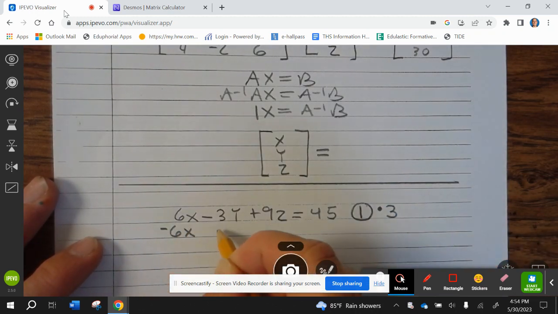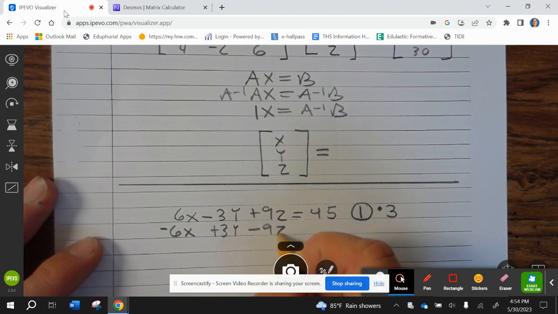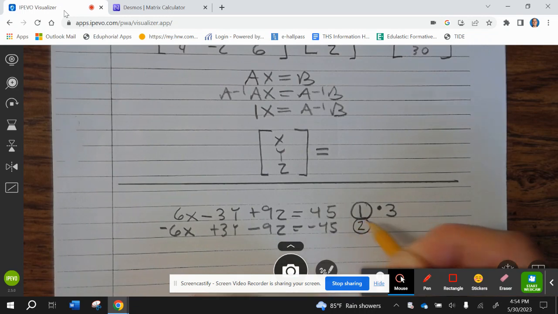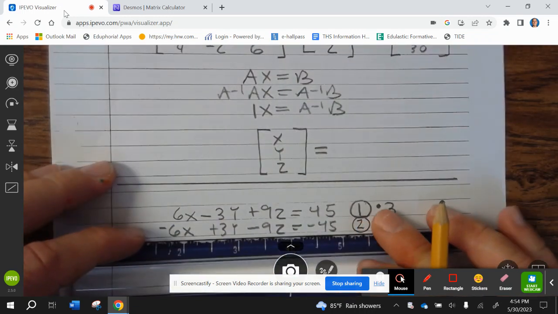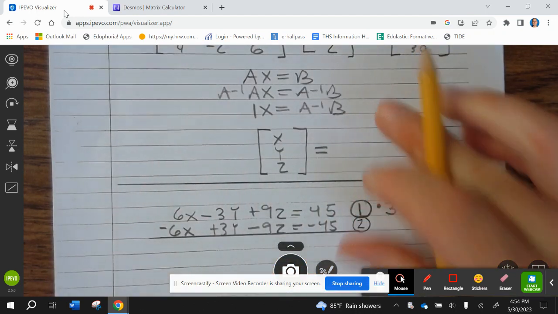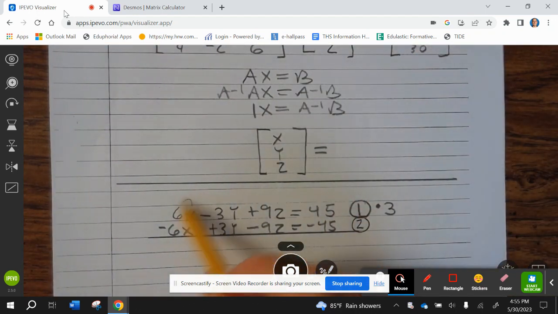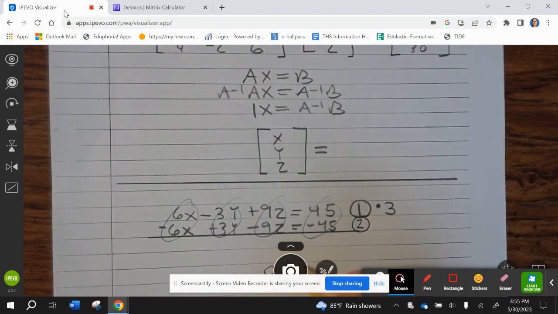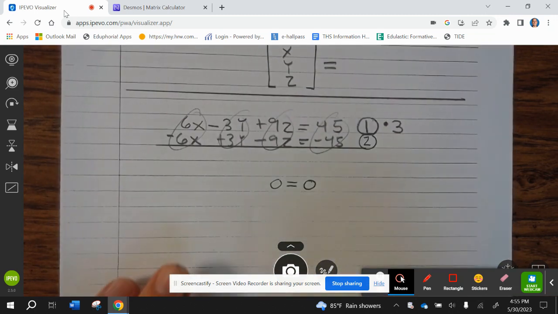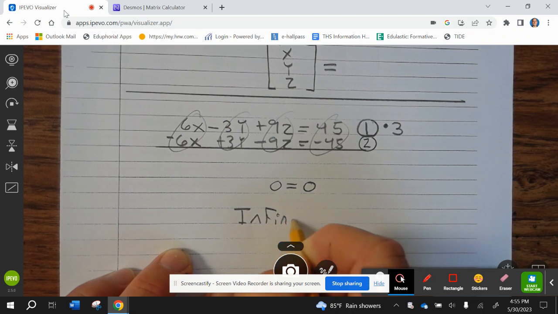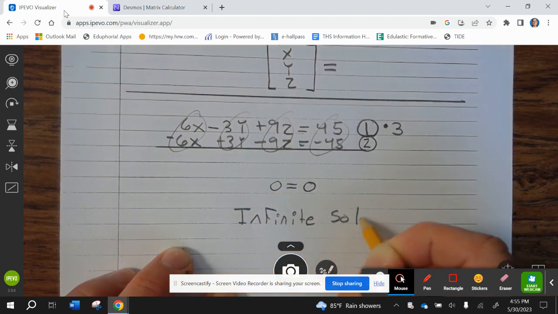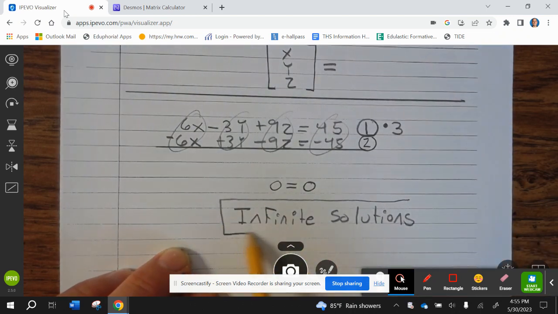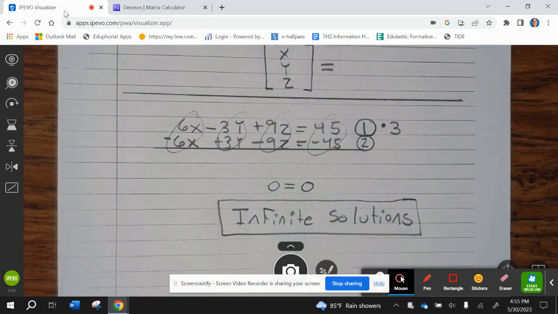And then we take the second equation, and that's just equation 2. We combine. This becomes 0, this becomes 0, this becomes 0, this becomes 0. So you have 0 equals 0, which will always be true. So that's infinite solutions. Okay, so go ahead and finish up example 2.